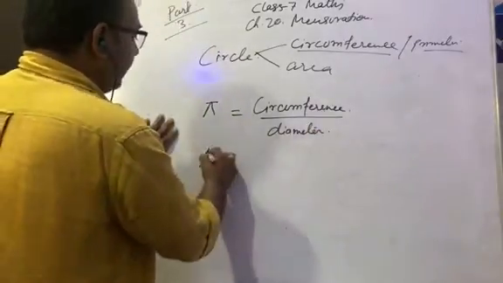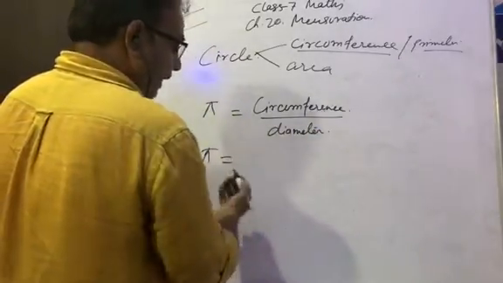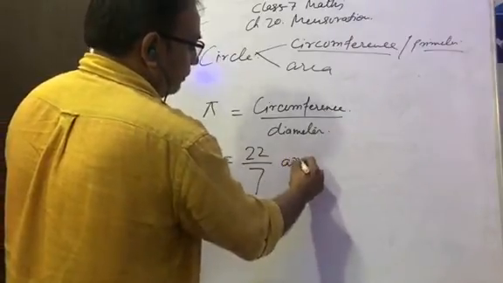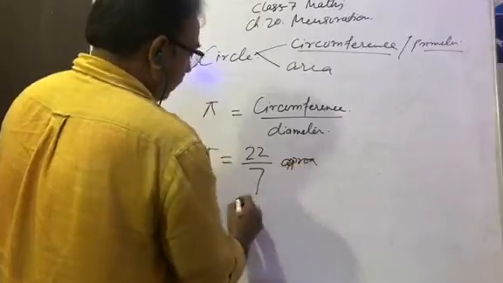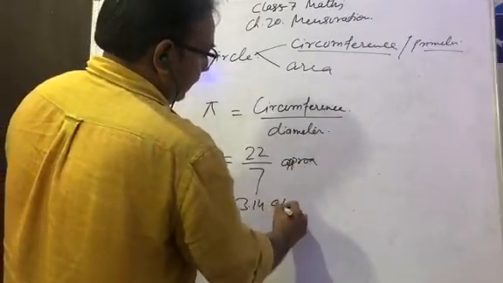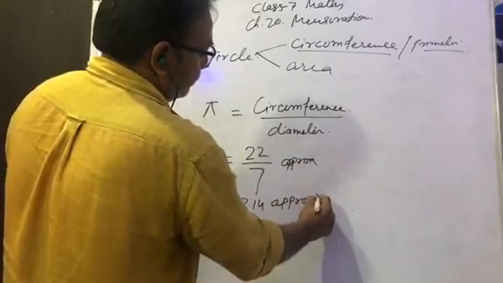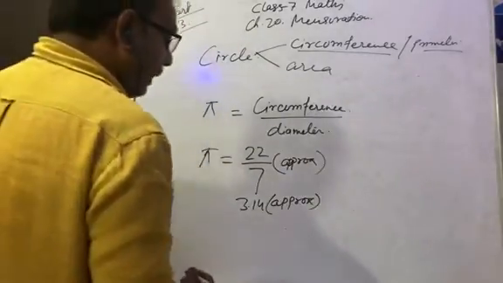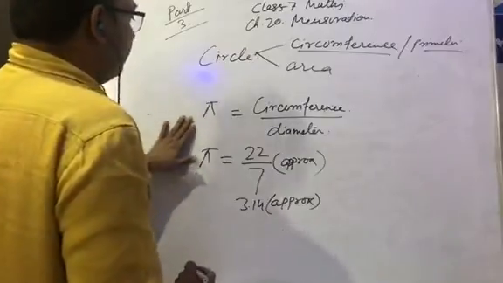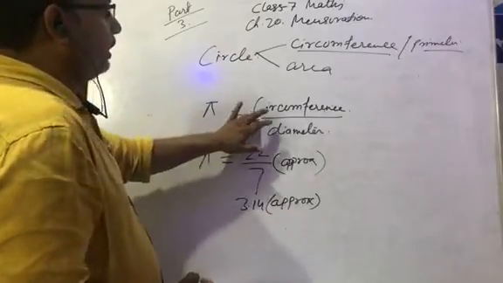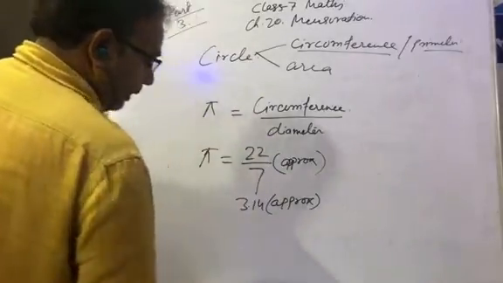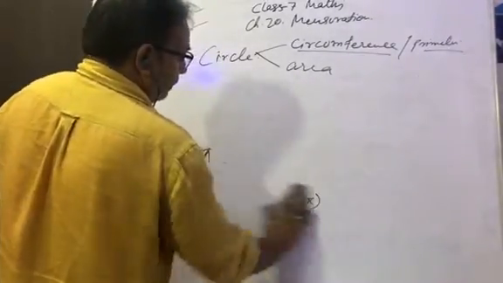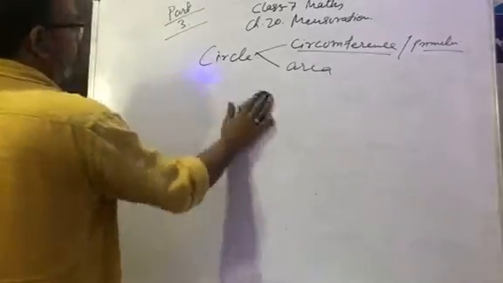Then we get a value for pi of 22 upon 7 approx, or 3.14 approx. This is the nearby or approximate value for pi, and pi is equal to circumference upon diameter. Now let us see some examples to understand how we calculate it.